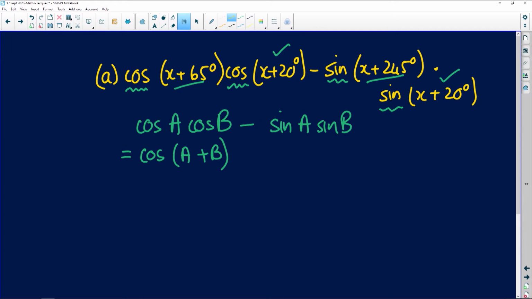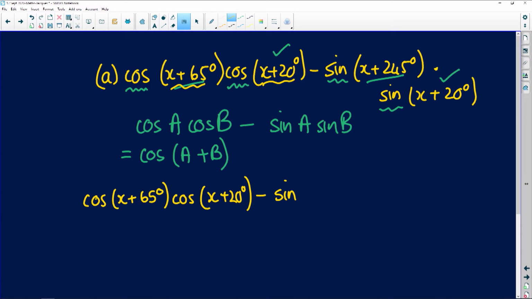We're going to start off by saying we don't want to change these angles, because they are acute angles in terms of the angle 65. So cos of (x plus 20), minus the sine. Now look at this: 245 degrees is the same as 180 plus 65 degrees.